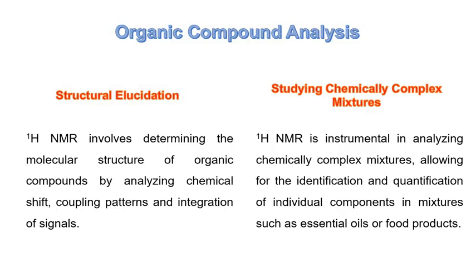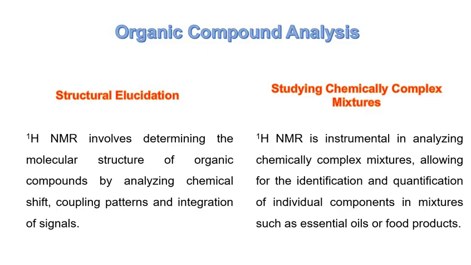Studying chemically complex mixtures with proton NMR. Proton NMR is instrumental in analyzing chemically complex mixtures, allowing for the identification and quantification of individual components in mixtures such as essential oils or food products. It identifies multiple components by their distinct chemical shifts.